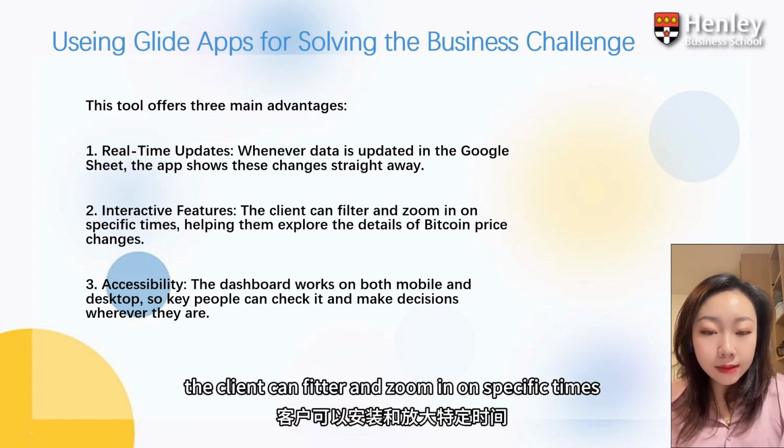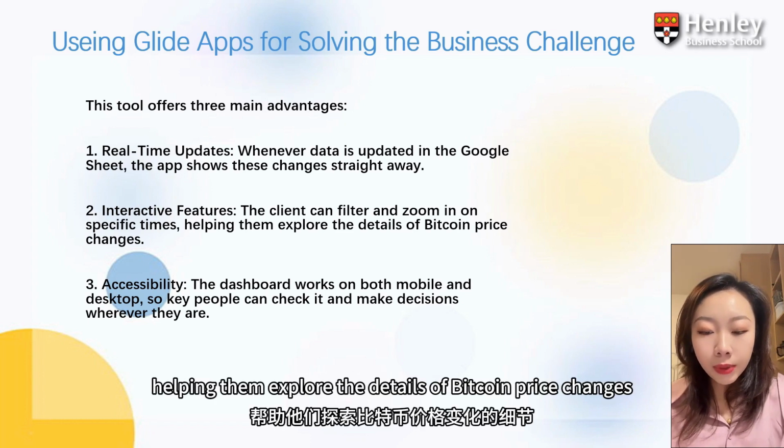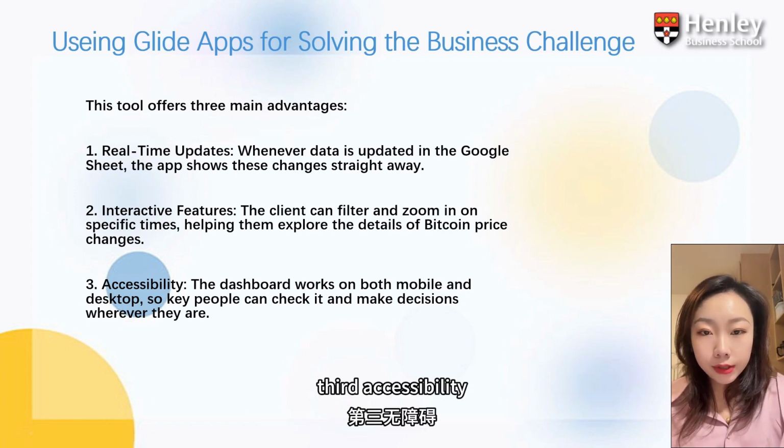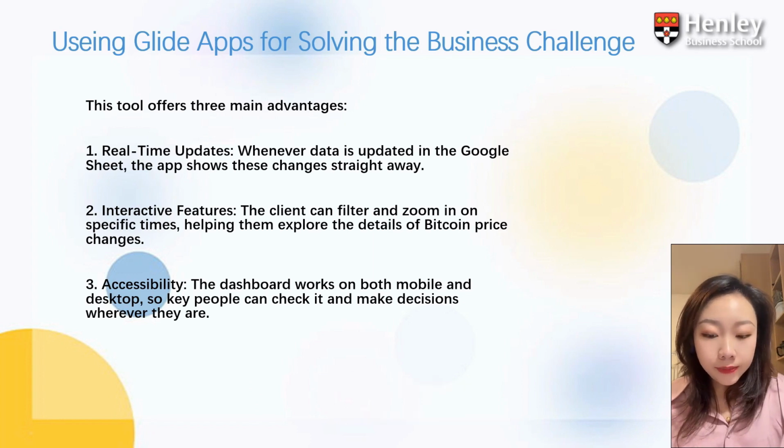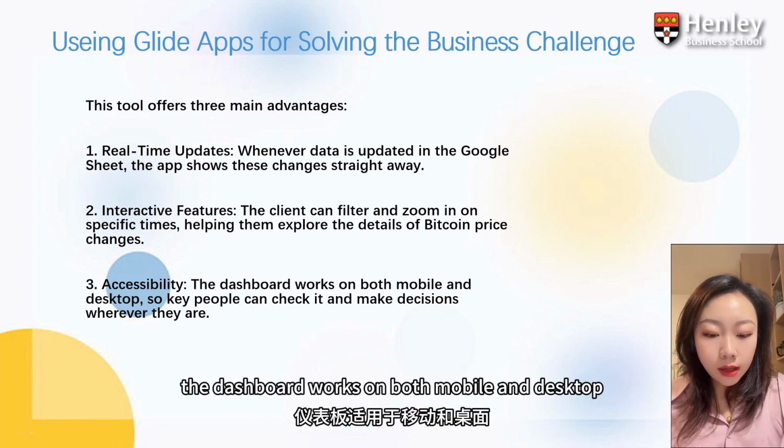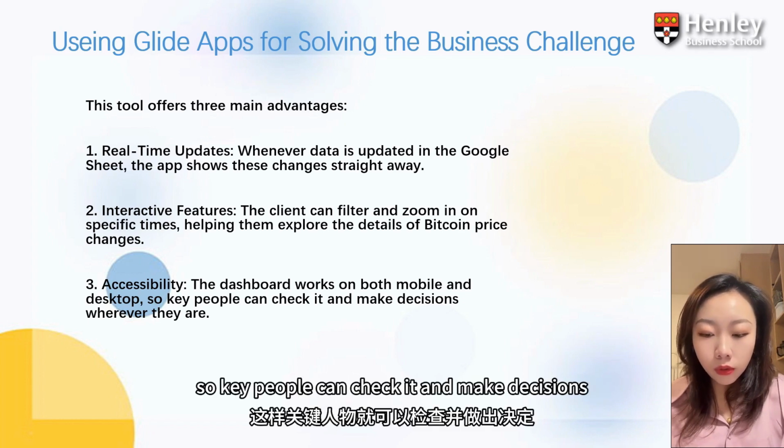The client can filter and zoom in on specific times, helping them explore the details of Bitcoin price changes. Third, accessibility. The dashboard works on both mobile and desktop, so key people can check it and make decisions wherever they are.